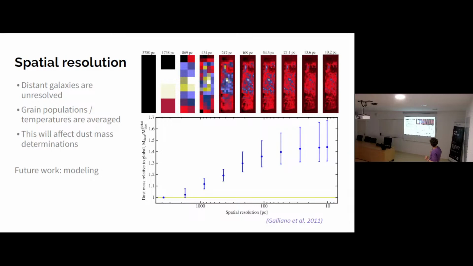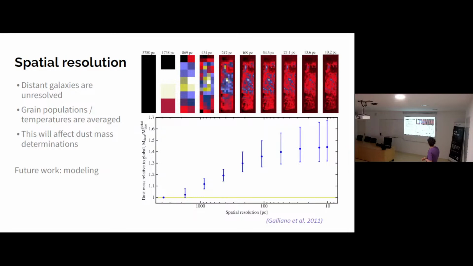But what Frederic Galliano did was he merged together pixels in larger and larger groups until he basically put everything together to emulate this idea of mixing dust populations in an entire galaxy.